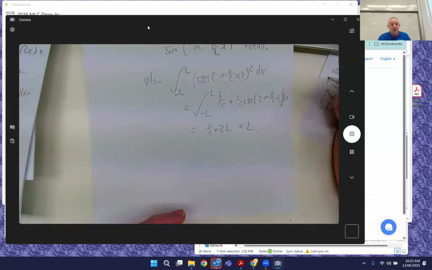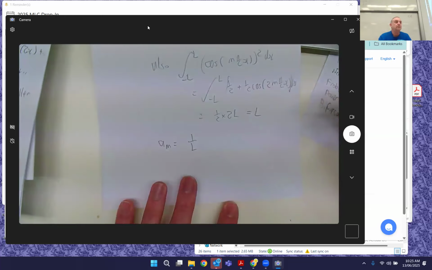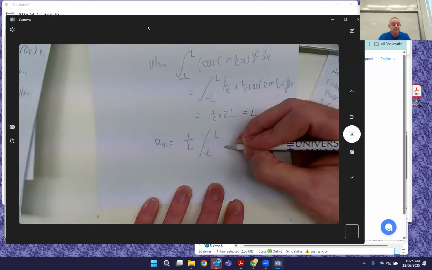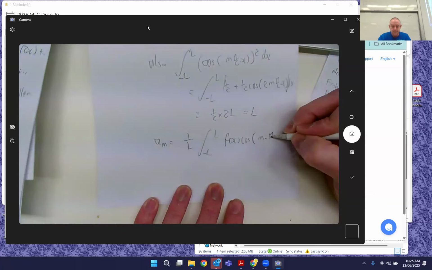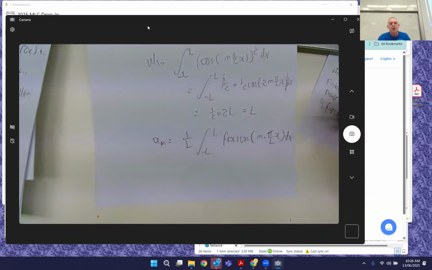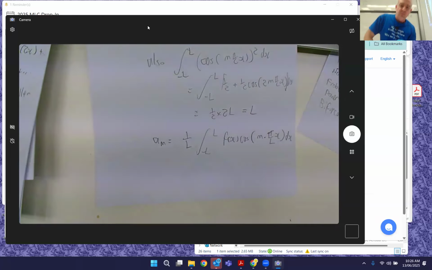And so what will happen is that you'll get 1 on L instead of 1 on pi. And I know they write it as m pi x on L, but that's not how I'm thinking about it today. You can write it that way if you want, but this is how I'm thinking about it to make sense of what's happening there.